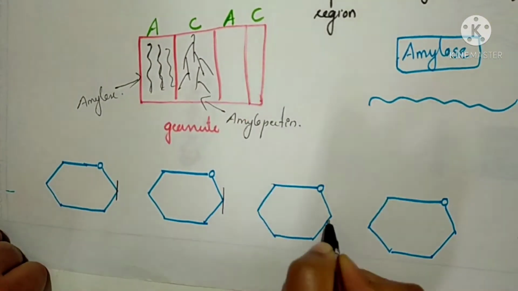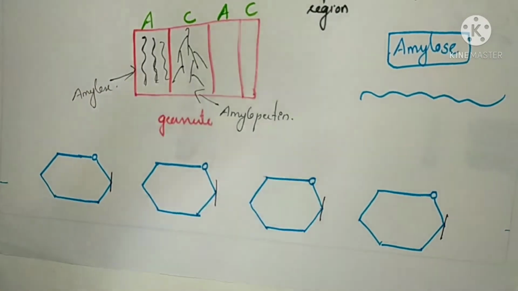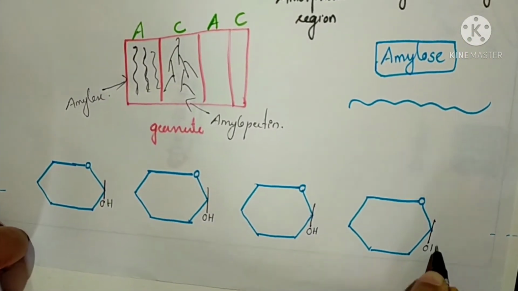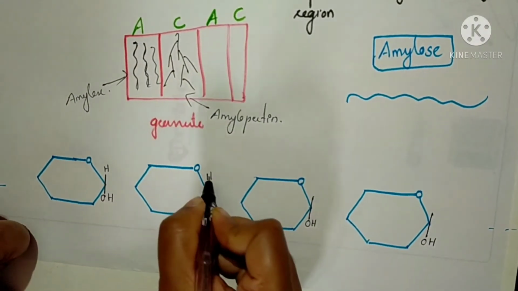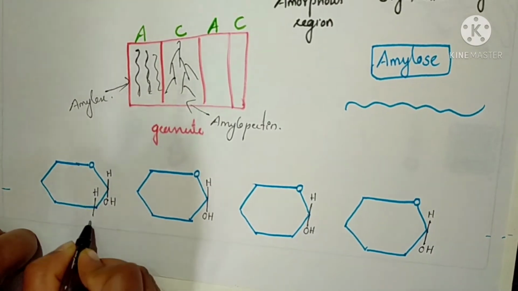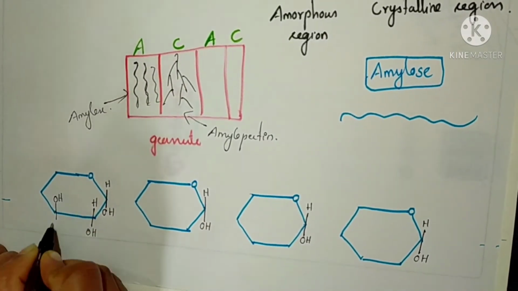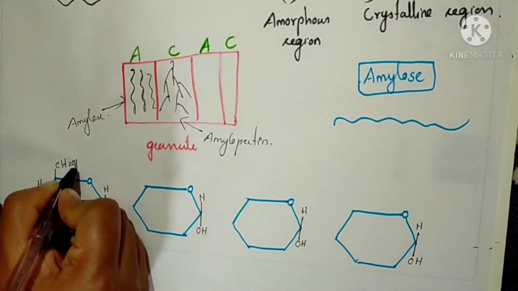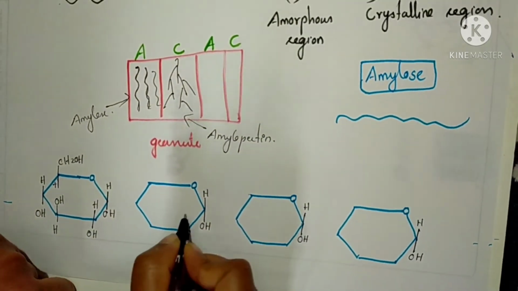Let us fill the bonds. Since it is an alpha D glucose, in the first carbon atom, the bottom position is occupied by a hydroxyl group and the top position is occupied by a hydrogen atom. Remaining portions are the same for beta D glucose also.